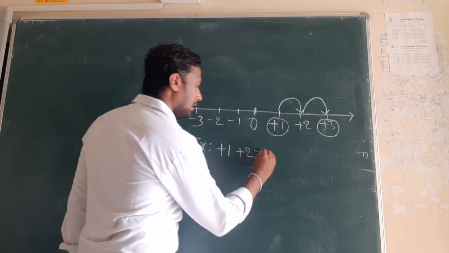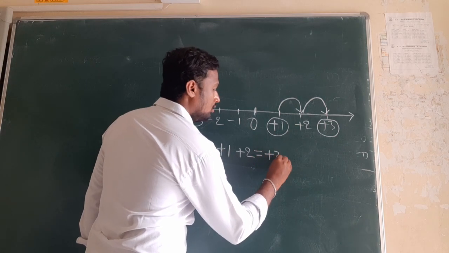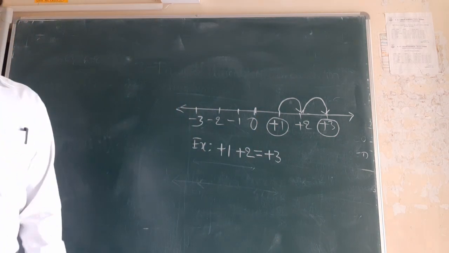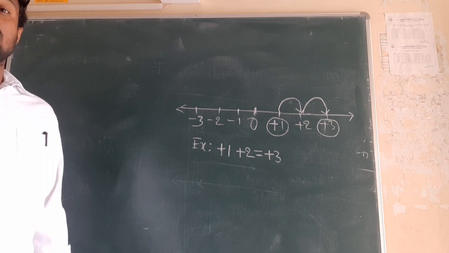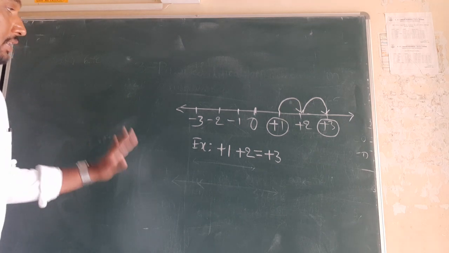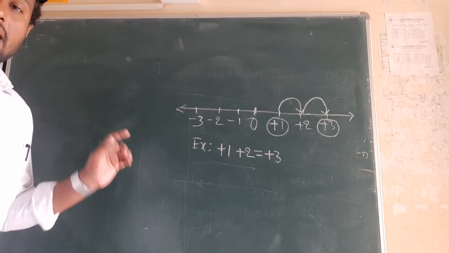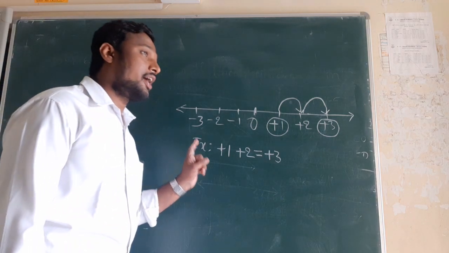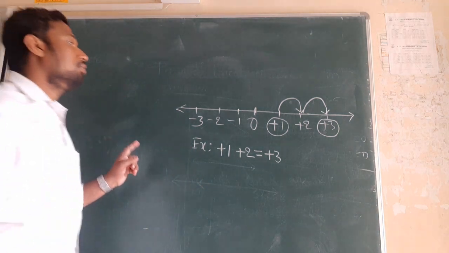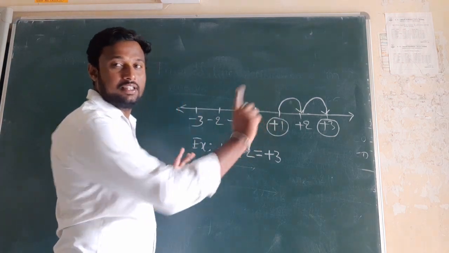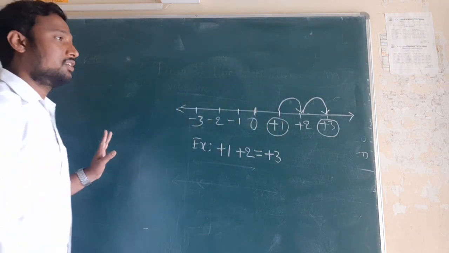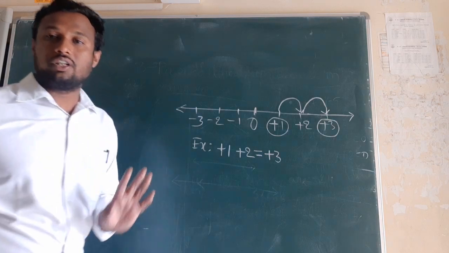So here I will write the answer is +3. Listen carefully. By this example, you have to remember that when you are adding a number, you have to move towards the right hand side of the number line.